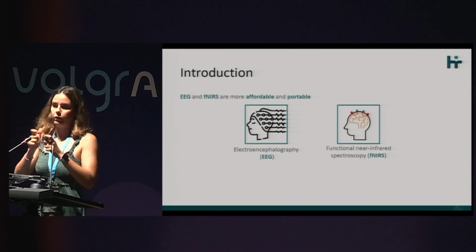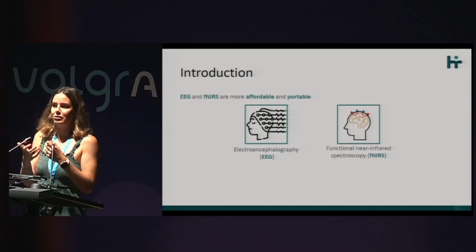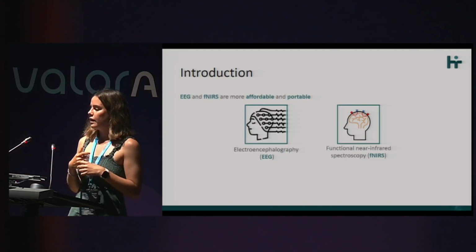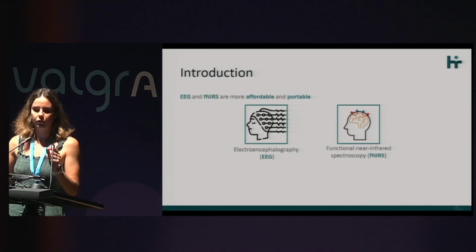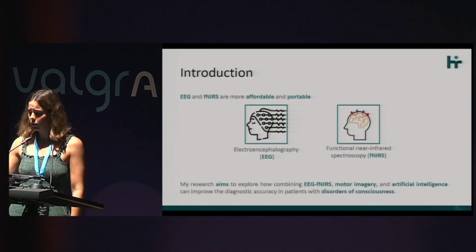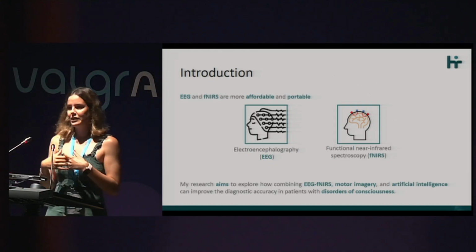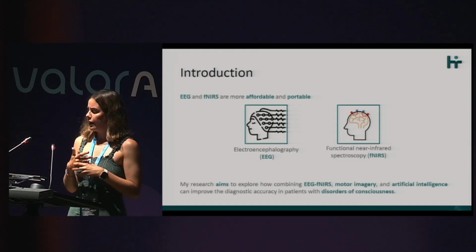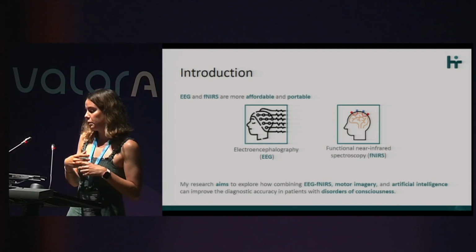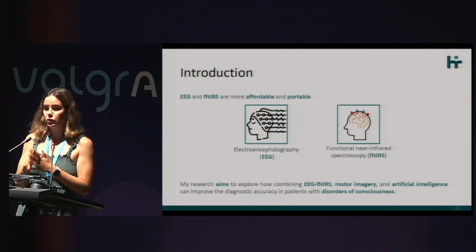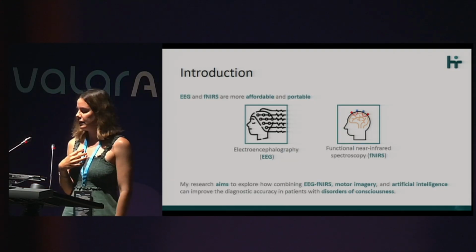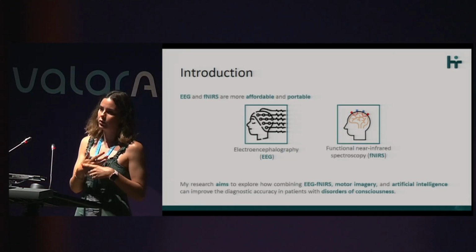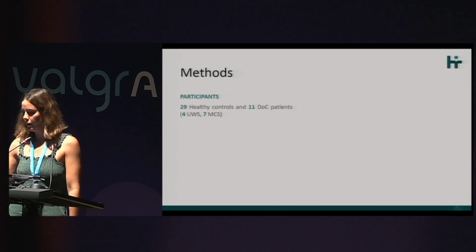So depending on the quantity of light that you are receiving, you can calculate the level of oxyhemoglobin that there is in some specific areas of the brain. So in my project, I aim to explore how combining EEG and fNIRS with motor imagery and artificial intelligence analysis can improve the diagnostic accuracy of DOC patients.